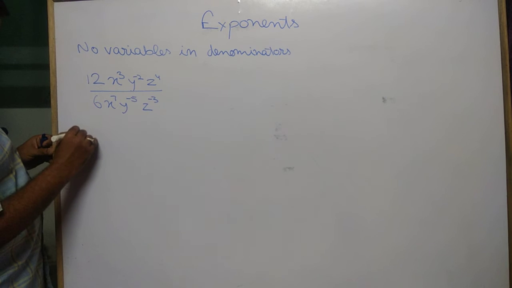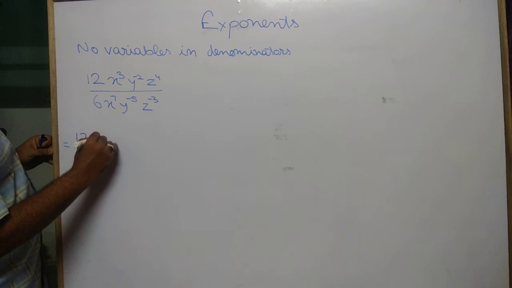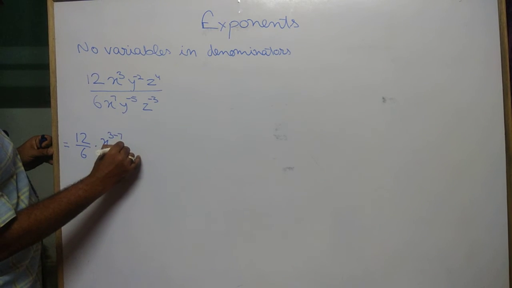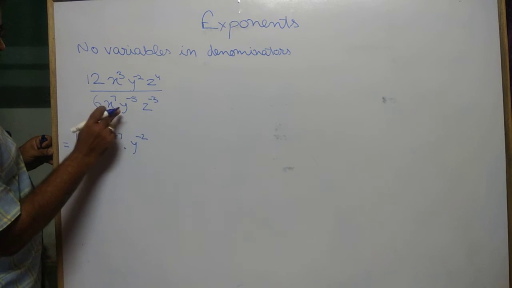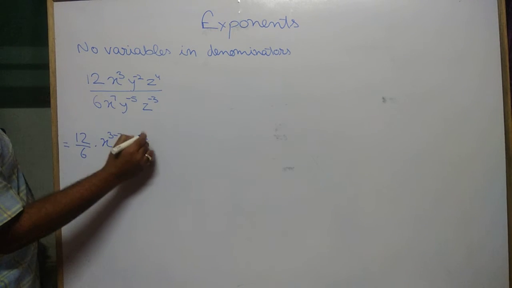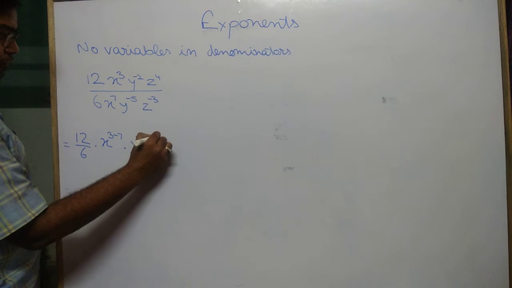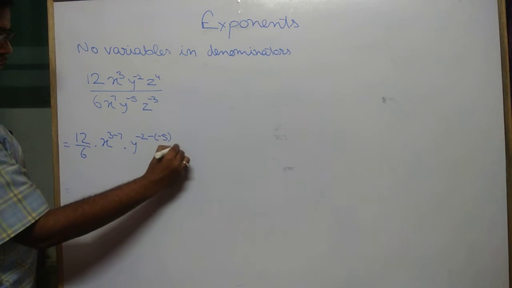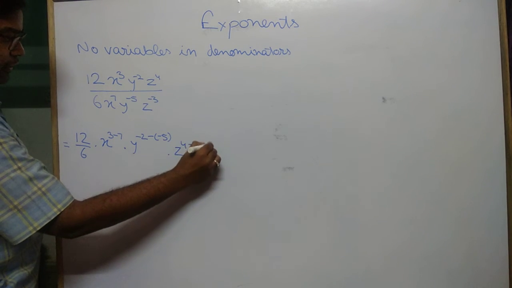12 by 6 into x to the power 3 minus 7 into y to the power minus 2. This moves upward, it's plus, minus of minus 5 now, it's minus plus, into z to the power 4 minus of minus 3.